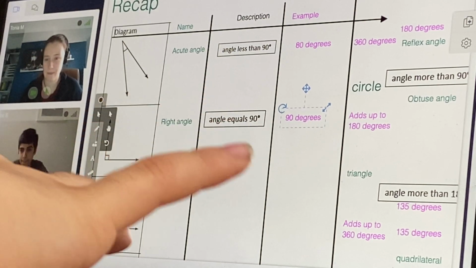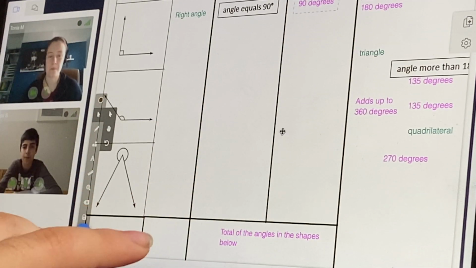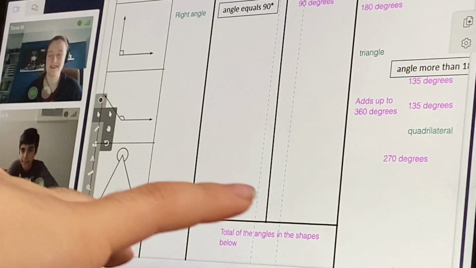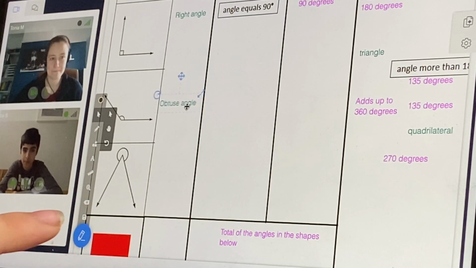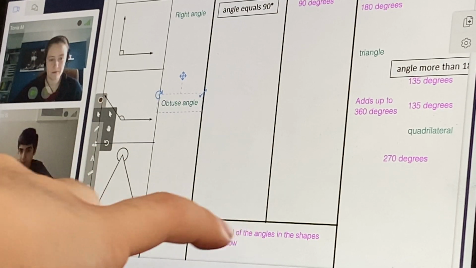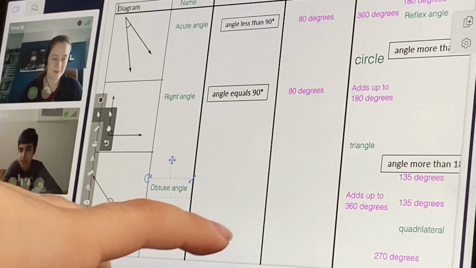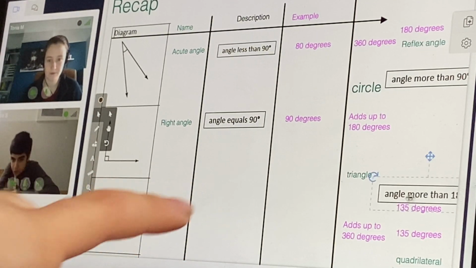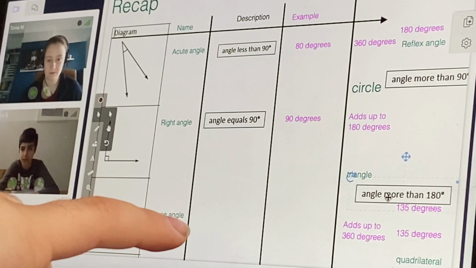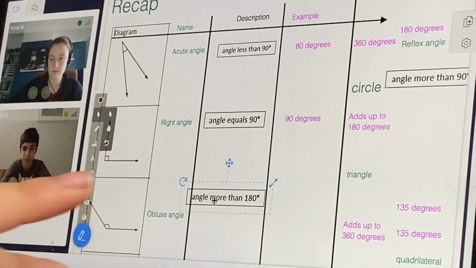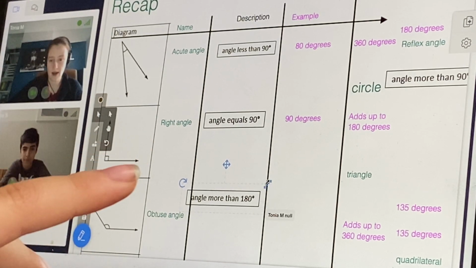Yeah, brilliant. 90. This one's obtuse. Yeah, brilliant. What is it? Angle is more than 90. This one, 180. Yeah, angle.